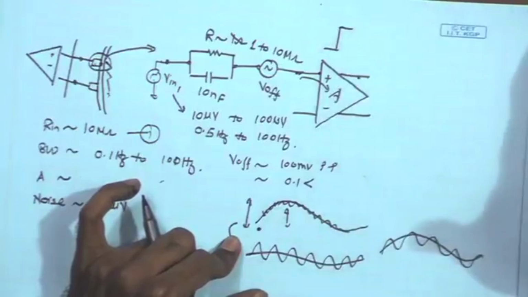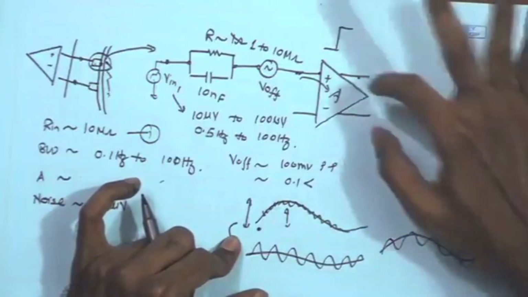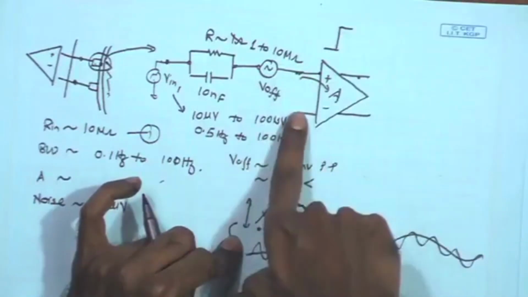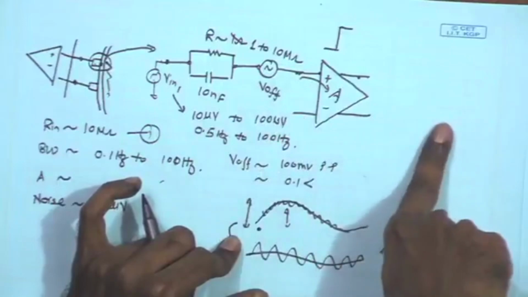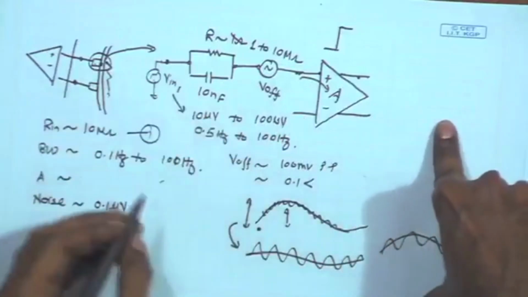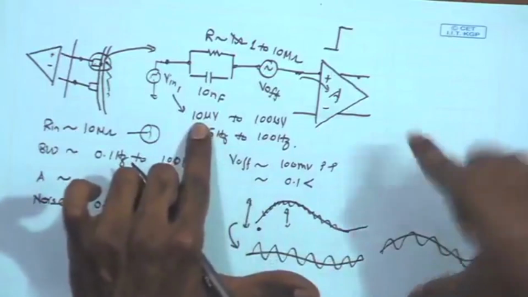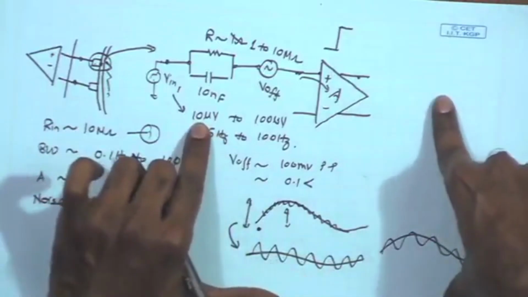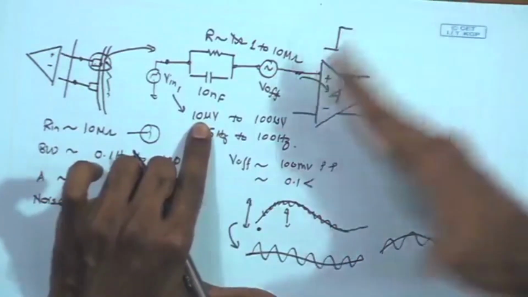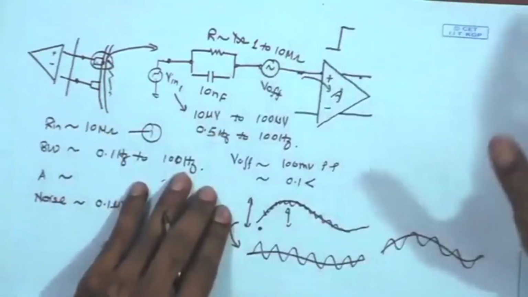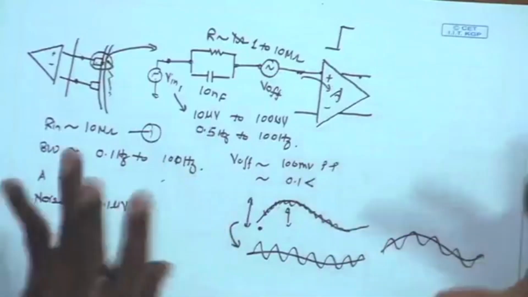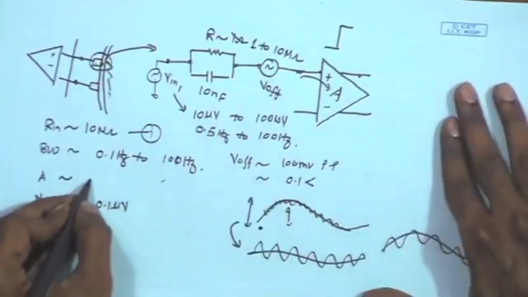So, I am assuming that my desired signal is amplified all the way to 100 millivolt. So, from 10 microvolt it is going to around 100 millivolt. In that case the maximum gain that you are having is 10 to the power of 4 combined together, all the stages combined together reaching up to the ADC, we are expecting that the total gain is going to be 10 to the power of 4.